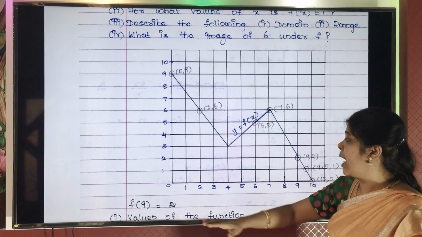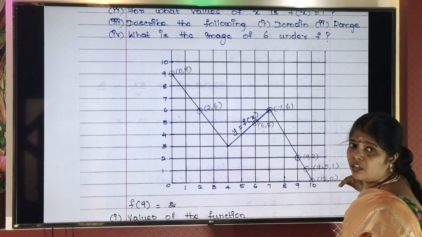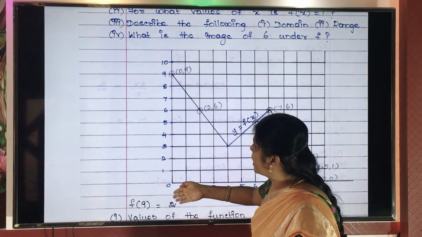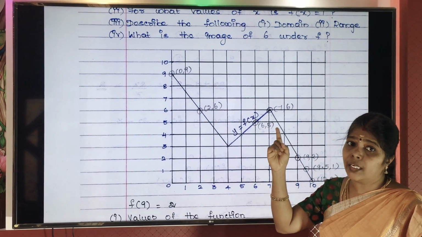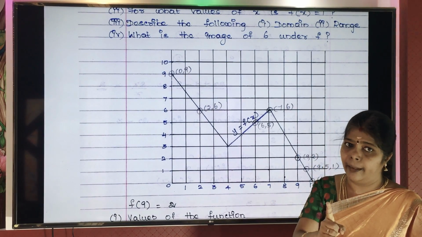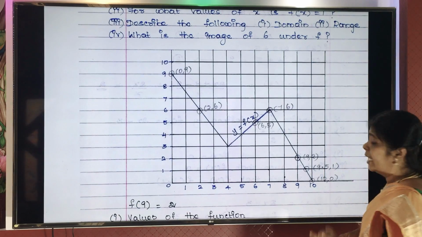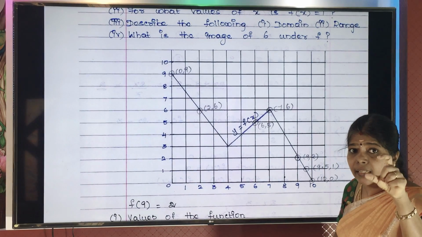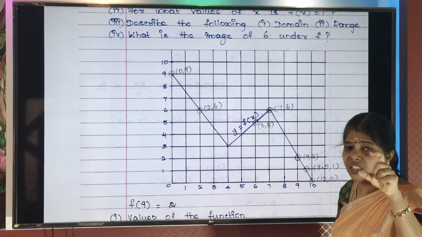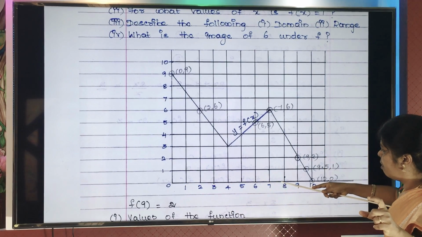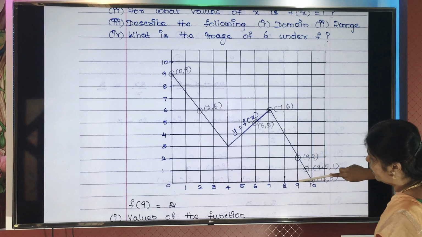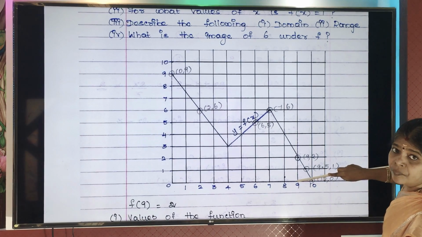First set elements I am taking here in the horizontal axis, and second set elements I am taking in the vertical axis. So what they told, f of 9, am I right? So f of 9 is in the first set, just imagine. So it is in the horizontal axis. Where is 9? Can you see here? 9.